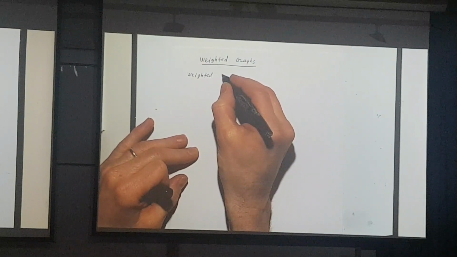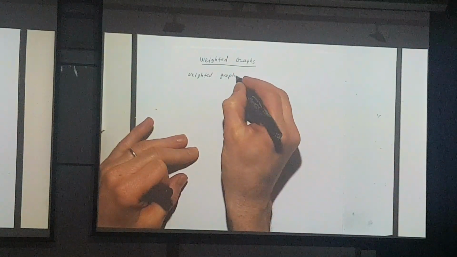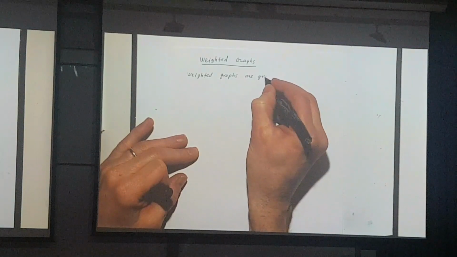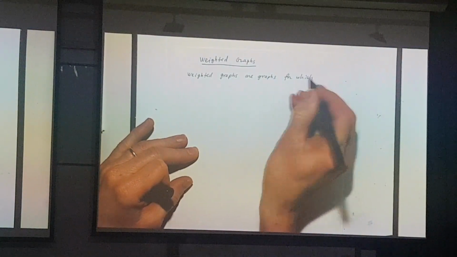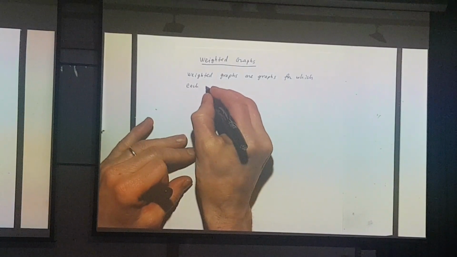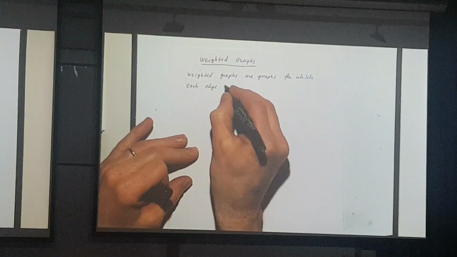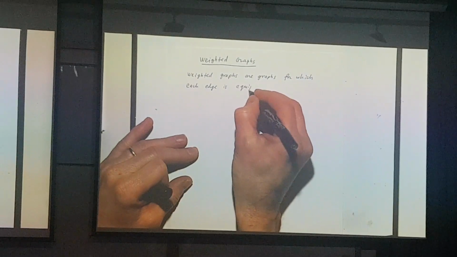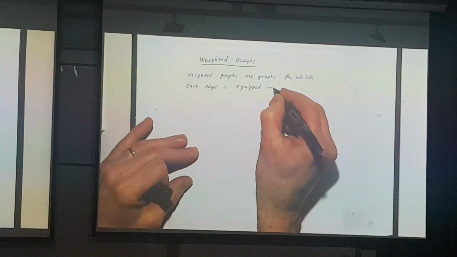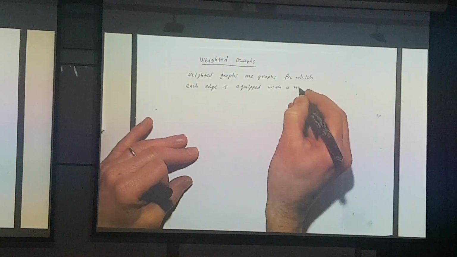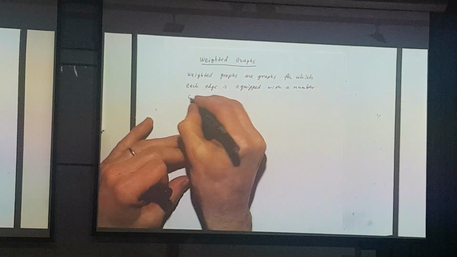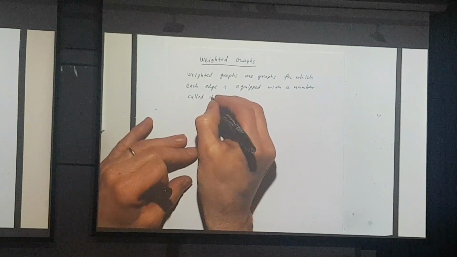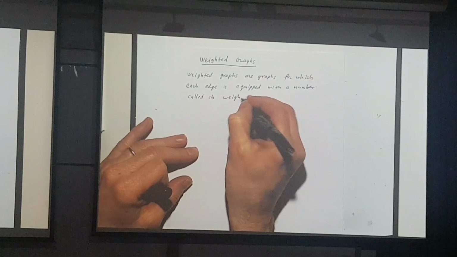Weighted graphs are graphs for which each edge is equipped with a number called its weight.